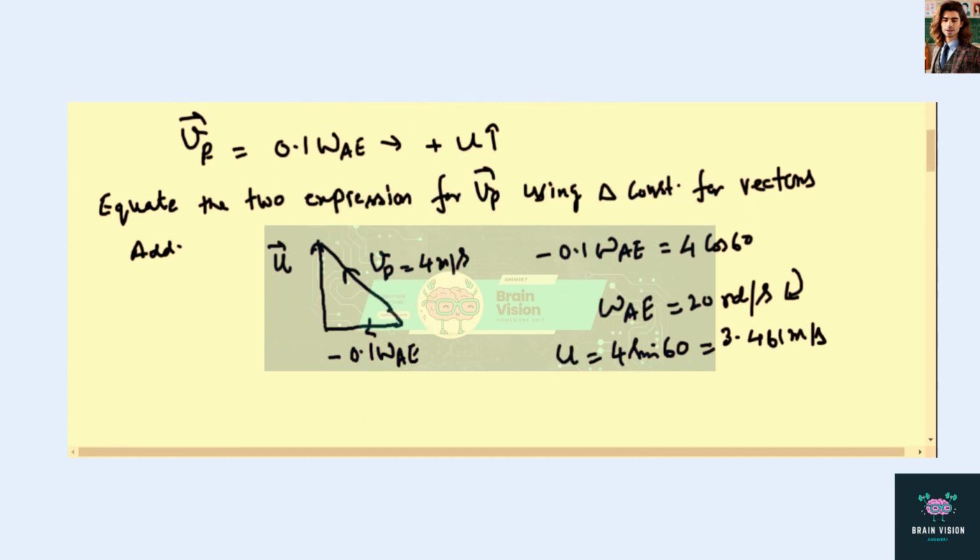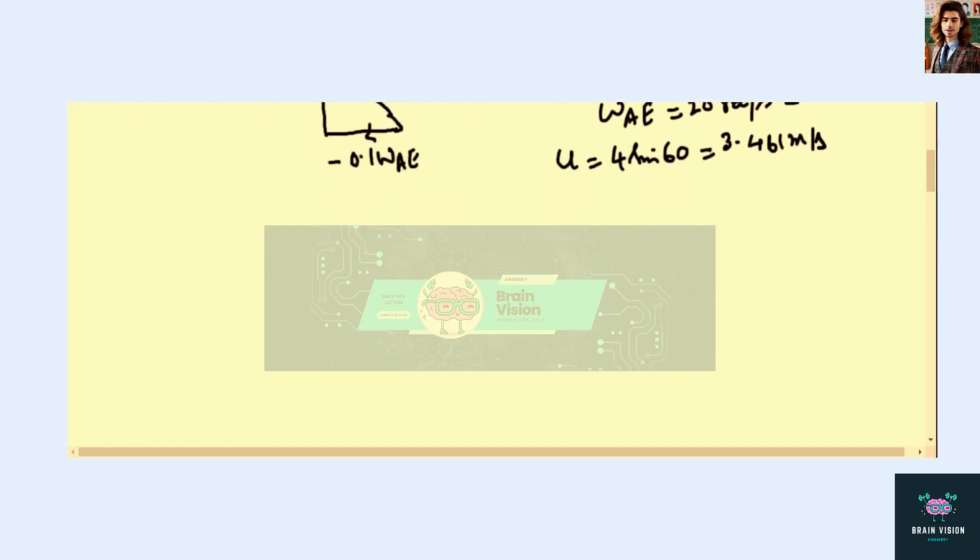So you can say velocity of P with respect to AE has the value 3.4641 meter per second in upward direction.